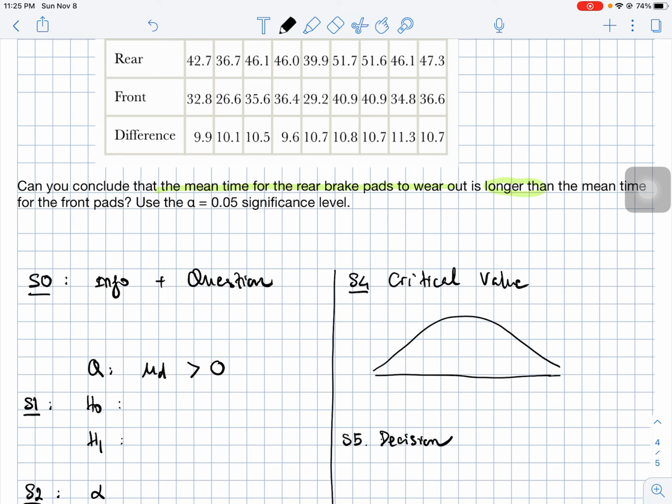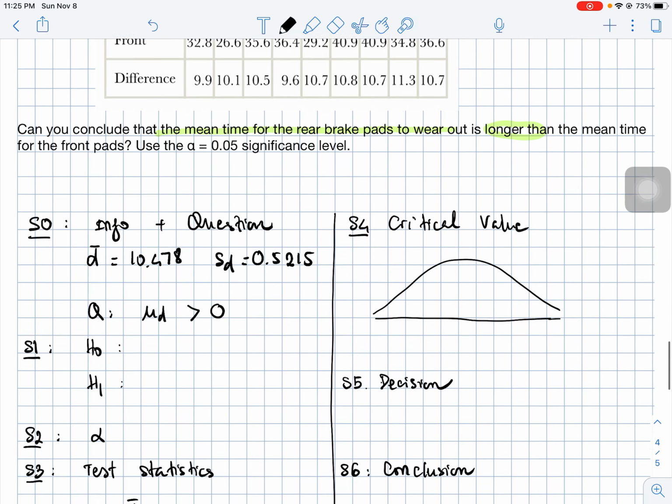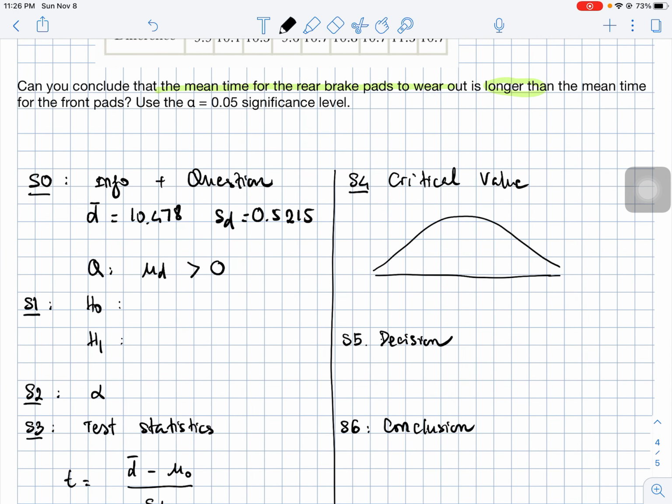After we subtract to get the differences, we enter those numbers 9.9, 10.1, 10.5, 9.6, and so on in Excel, and we calculate the D bar. The D bar is 10.478, and the SD is 0.5215. We use the average and the STDEV.